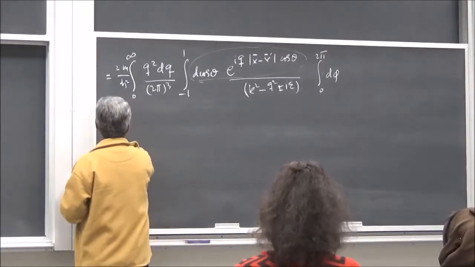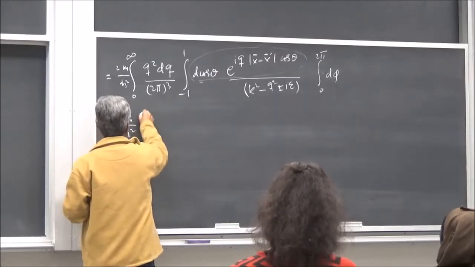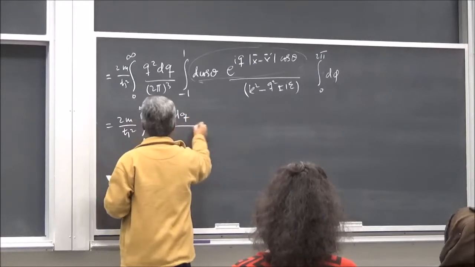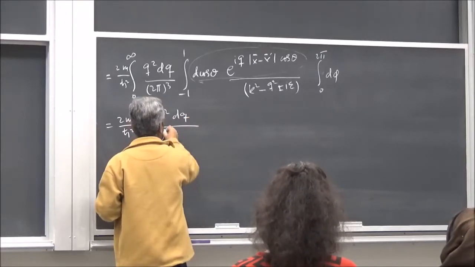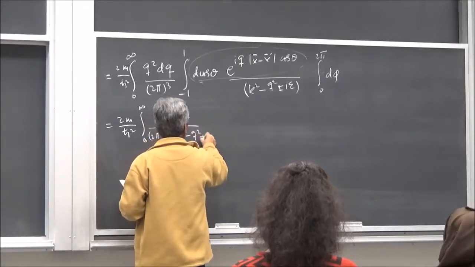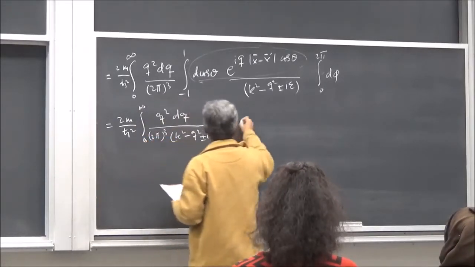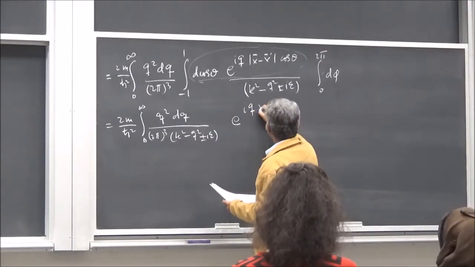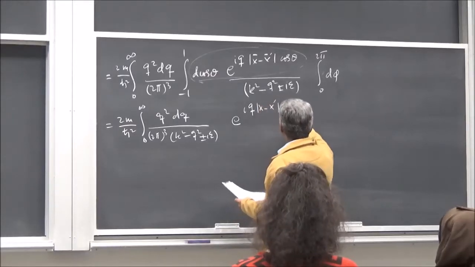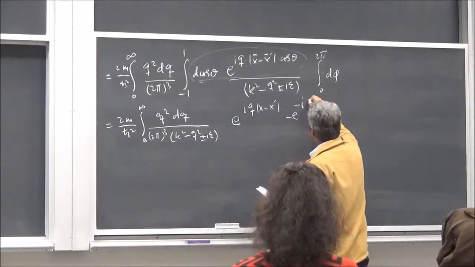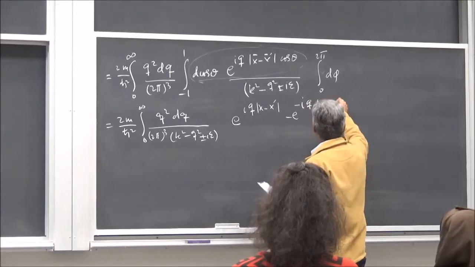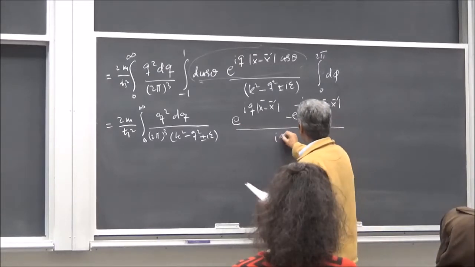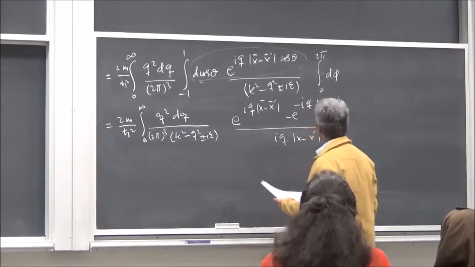Let me write down everything now: 2m over h squared, 0 to infinity q squared dq over 2 pi cubed, k squared minus q squared plus minus iota epsilon, and this thing is going to be e to the i q (x minus x prime) minus e to the minus i q (x minus x prime), over i q (x minus x prime), like this.